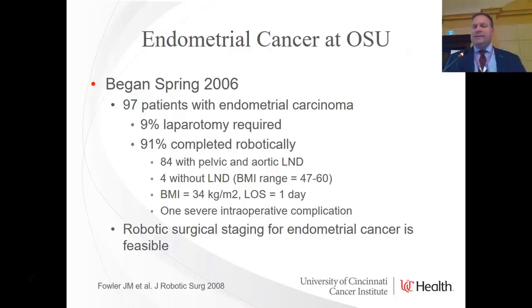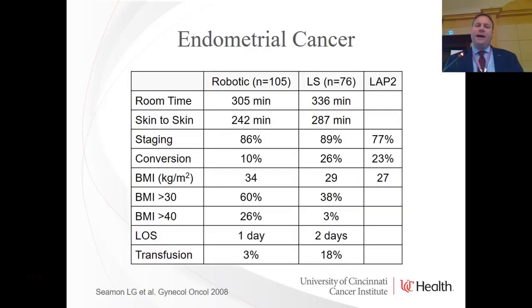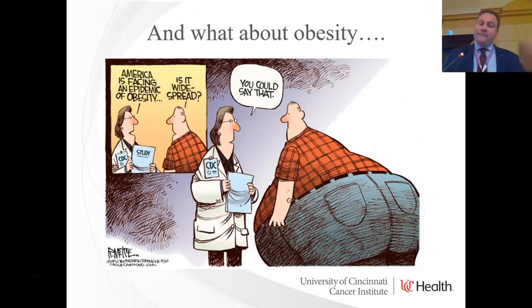We were a little selective in the beginning, meaning the average BMI was 34 rather than what you'll see later on, and in the majority of these patients, robotic surgical staging for endometrial cancer was feasible. There was slight improvement in room time, conversion, and average BMI compared to similar patients we'd operated on at the time laparoscopically.